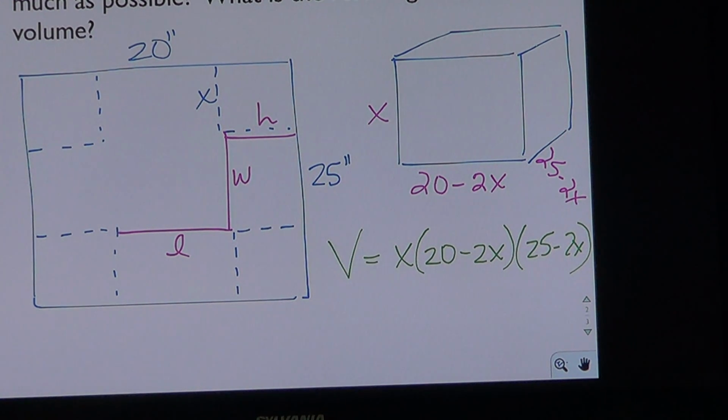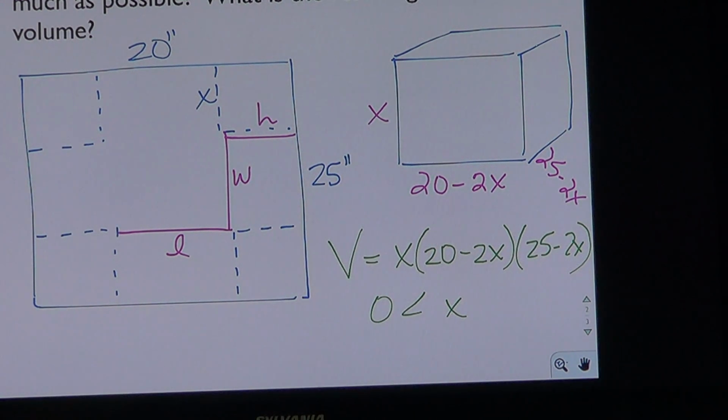It's going to have to be bigger than 0, we have to cut something out from the side.